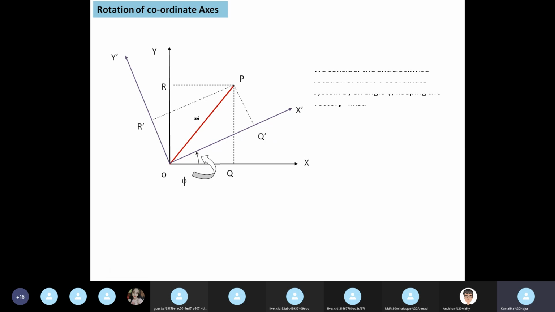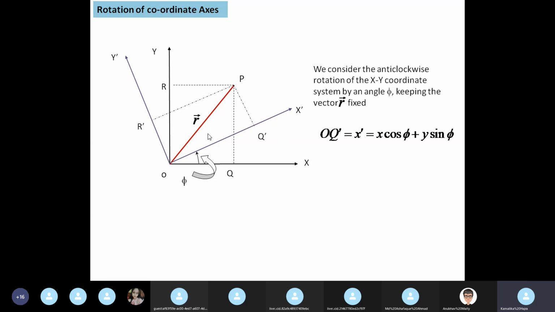So this is the vector R, and we consider anti-clockwise rotation of the xy coordinate by an angle phi, keeping R fixed as I told you. From this very simple trigonometry, you can see that we can write OQ prime, which is the new x component, as x cos phi plus y sin phi, and OR prime is minus x sin phi plus y cos phi.